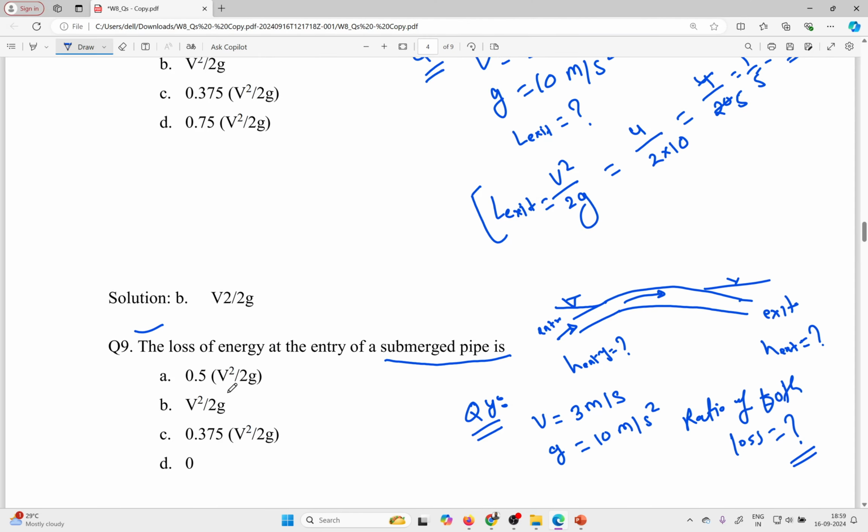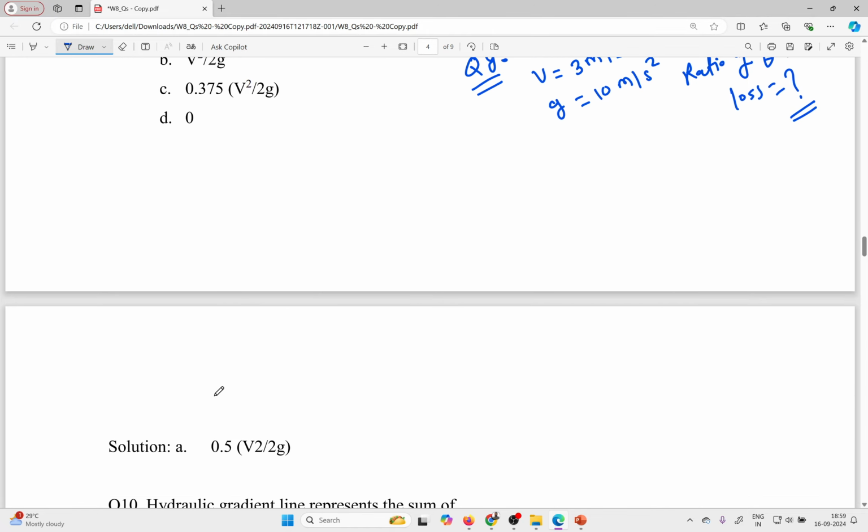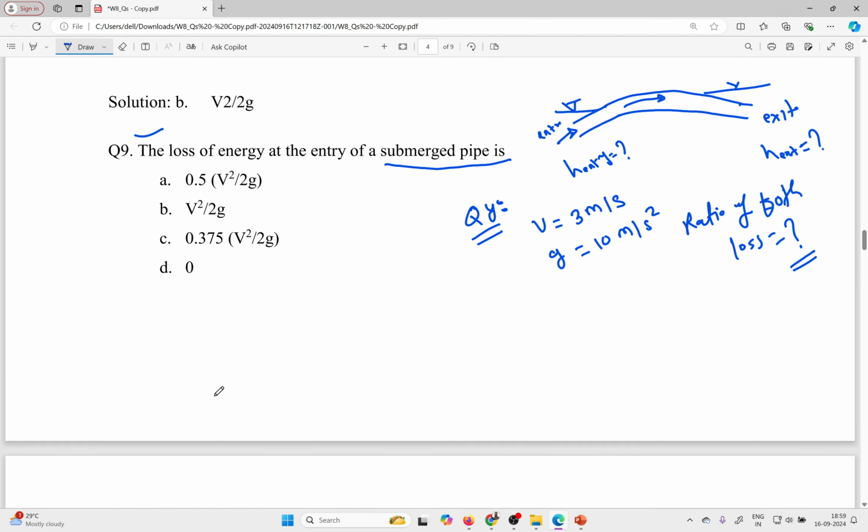So for this, your option number A will be correct. That is 0.5 times of V square by 2g. So option A will be correct for question number 9. So now I want the answer of this question from your side, please.